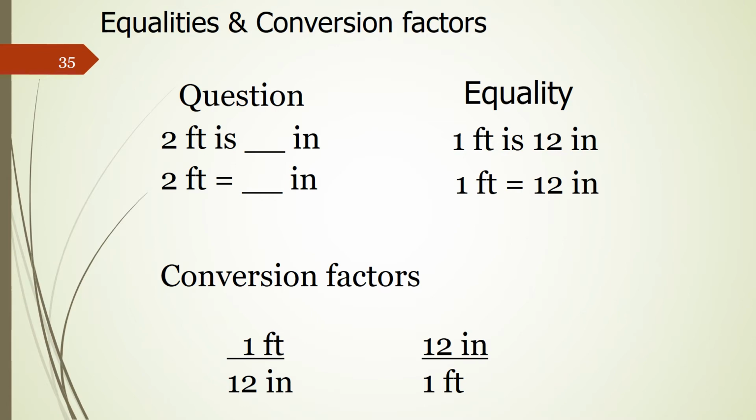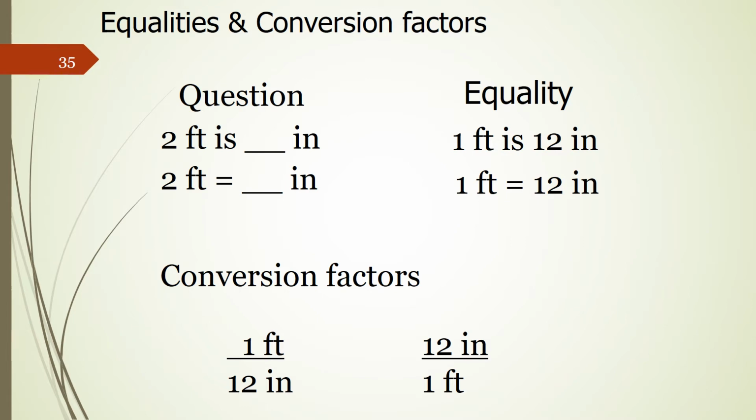We're going to turn that equality into a conversion factor, because this equals that. If you take a thing and divide it by itself, it equals 1. That means that this equals 1. That also equals 1. Here's the beauty: any equation, you can multiply by 1, and you haven't done anything.